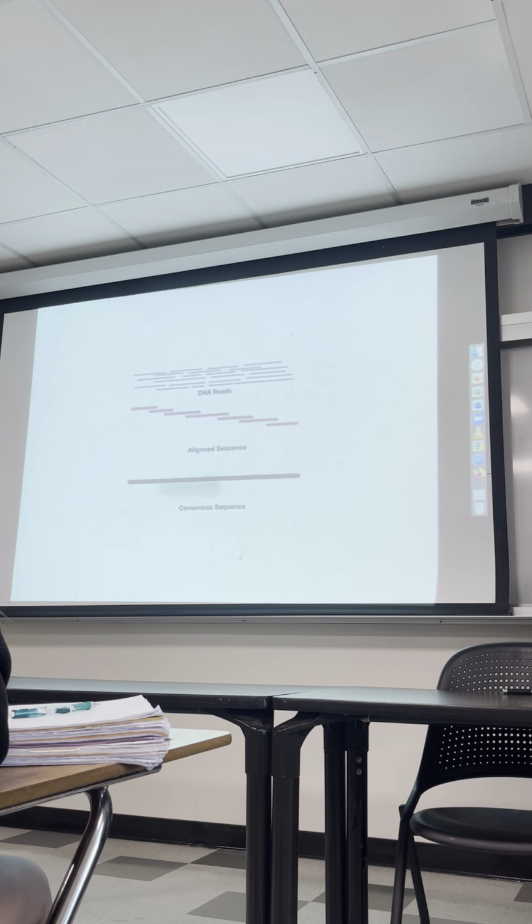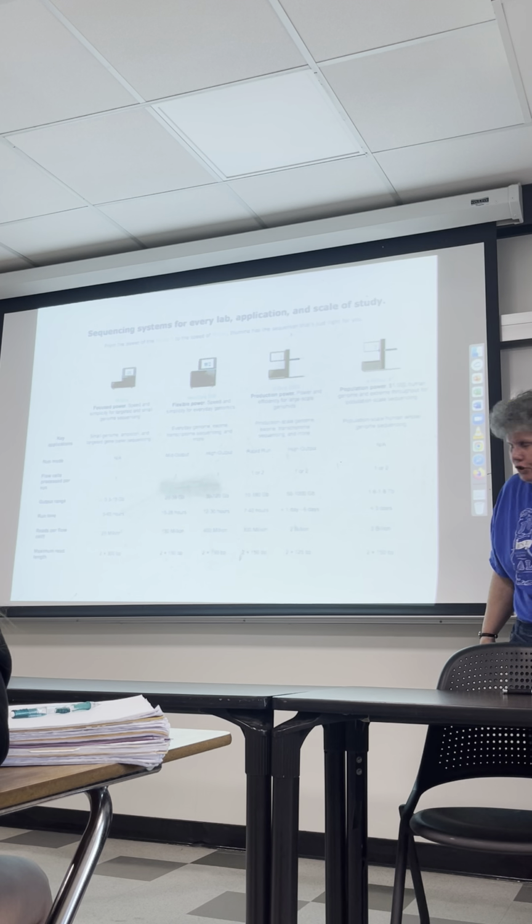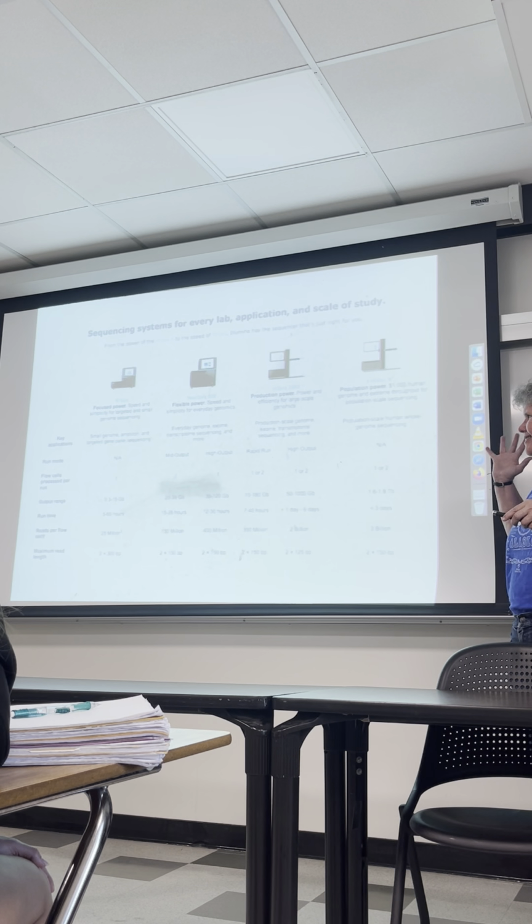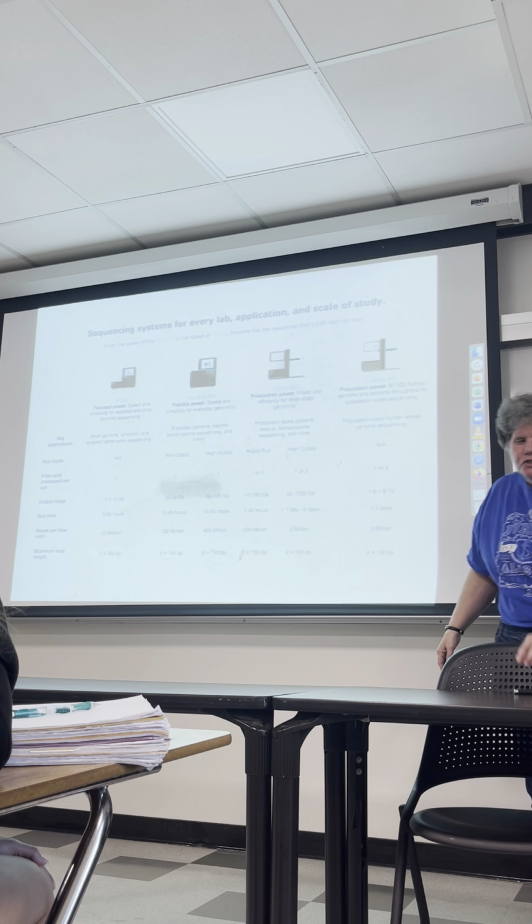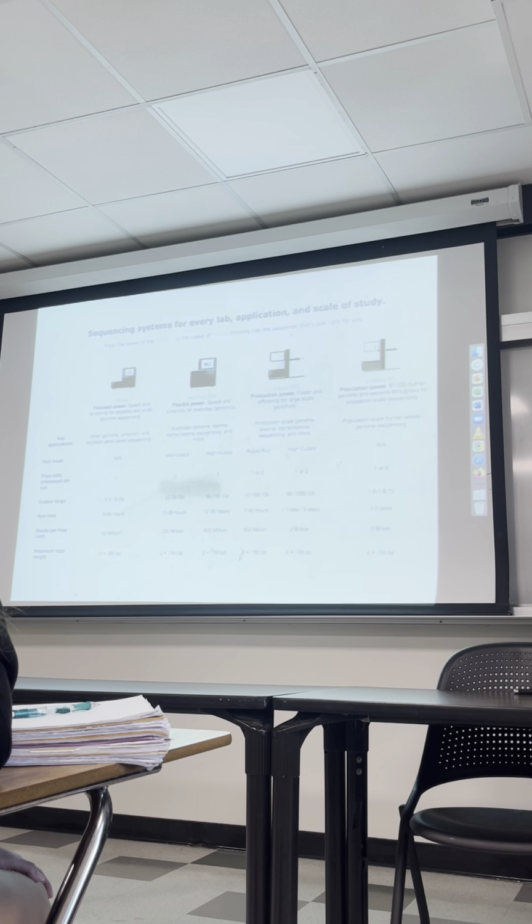I think this is the last slide. It's just showing you the different levels of equipment that's available, and this is not like it's a test or anything, just out of sheer interest. You can have really high-end equipment that can take a couple of days to sequence a genome, so it might take 3 days, versus as little as 5 hours if you need just a shorter read.